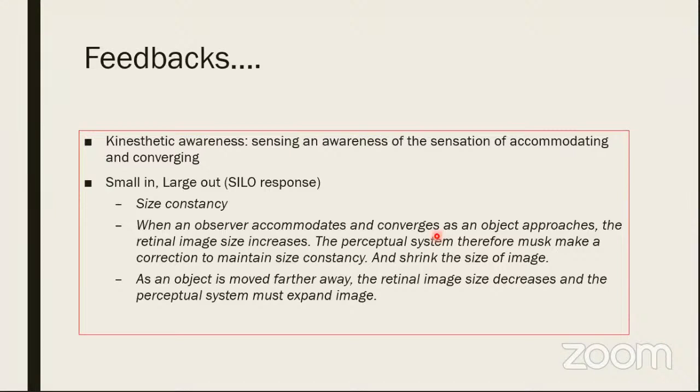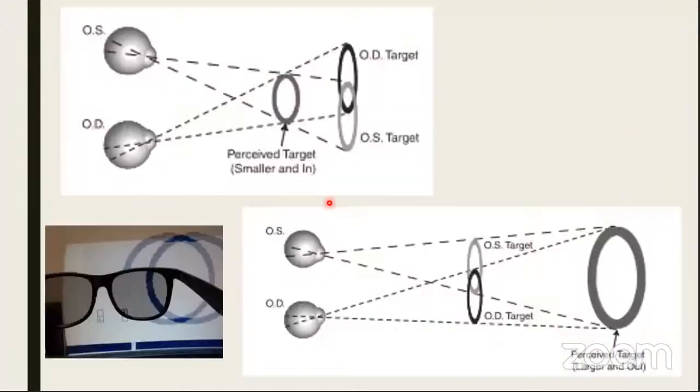The same happens when we are performing convergence as well as divergence. So this is one of the feedback mechanisms that we utilize in doing the activities with the patient.